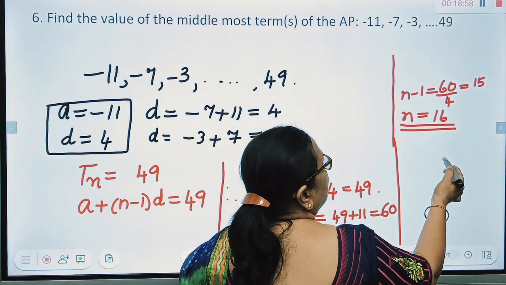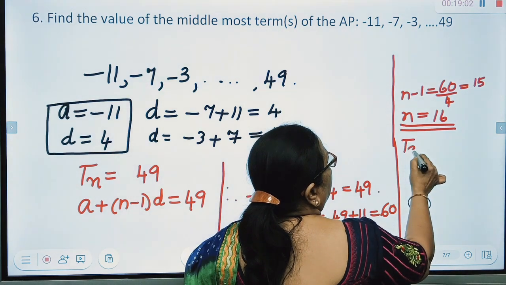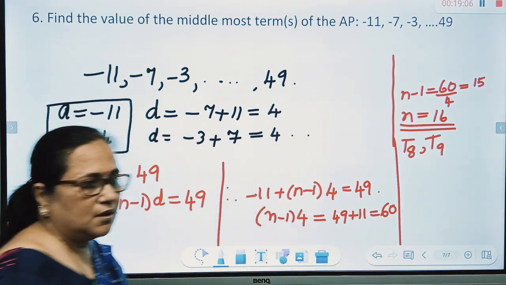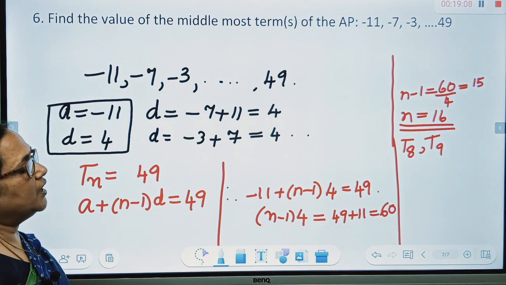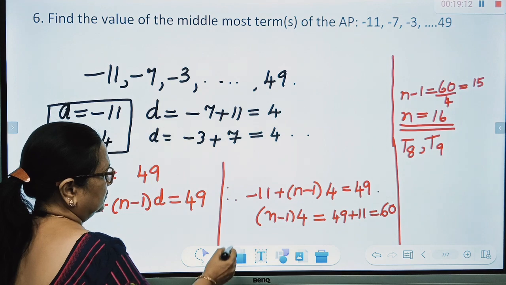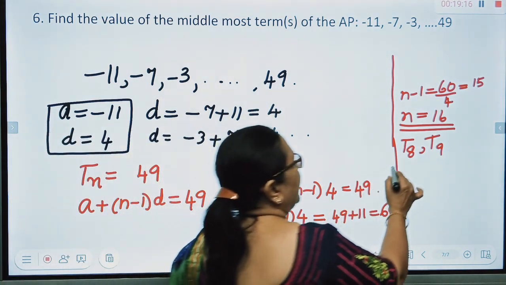So when n is 16, how many middle terms are there? T8 and T9. There are two middle terms, because it's an even number, 8 and 9. What will be T8?